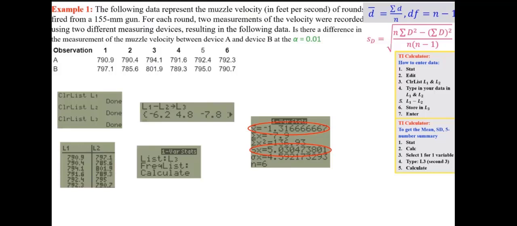Now that the D bar and S sub D have been calculated, we are going to do the test of hypothesis. The very first step, H0 and H1. This is a two-tailed test. Mu sub D is 0 as H0, and H1 is mu sub D is not equal to 0.